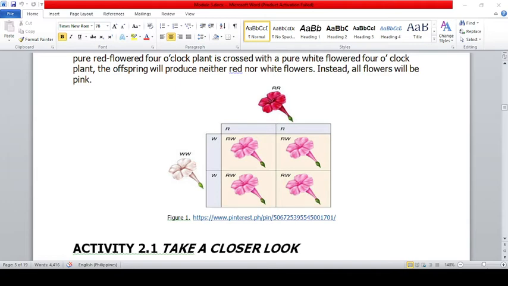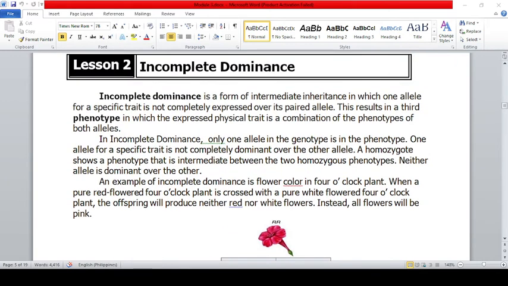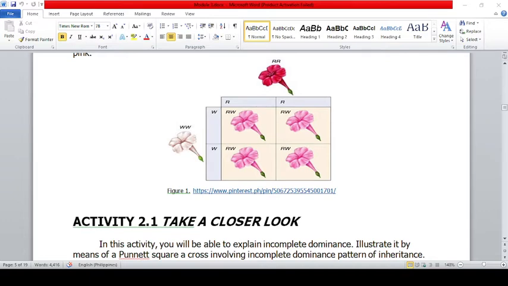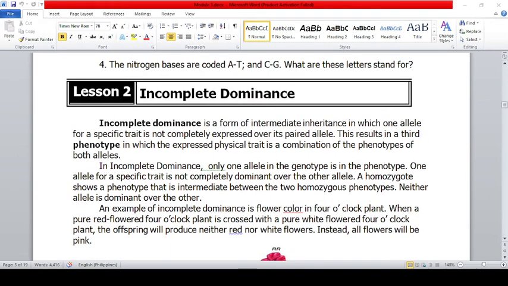So, ibig sabihin, nakuha ng mga anak nila ang lahat ng characteristic ng mga both parents. Kaya, nagkaroon tayo ng third, anong ating definition dyan? Third phenotype. Expressed in physical trait, the combination of the phenotypes of both alleles. Ibang kulay naman. Hindi na siya red, hindi man siya white, but nagiging pink na siya. Yan ang tinatawag na principles of incomplete dominance.